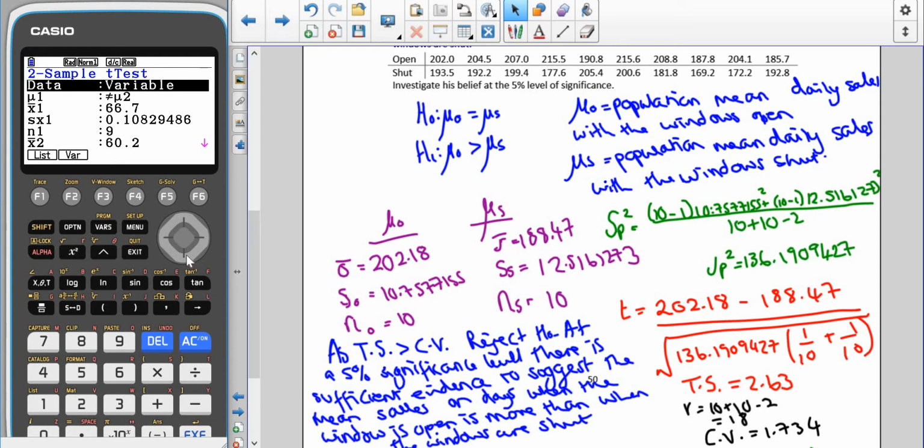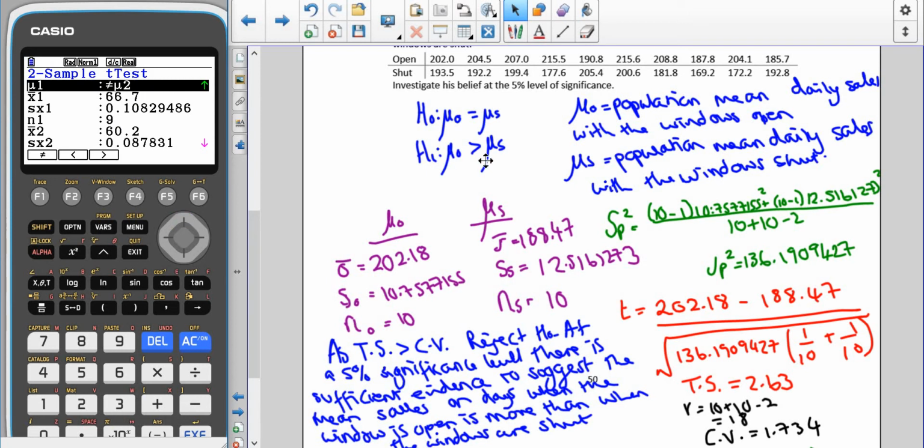Now in this part of the calculator, and you should do this straight away just to make sure you've definitely got it turned on, you need to scroll down, and this bit here that says pooled, when you first enter this, if you haven't changed it, it will automatically be saying off. Now we need to change this to on. I'm not 100% sure why we have to have that on, but we do in order for it to work. I think it's about the pooling of the standard deviations, so that it's definitely using the SP² formula. So I think that's us telling the calculator that we want it to use that.